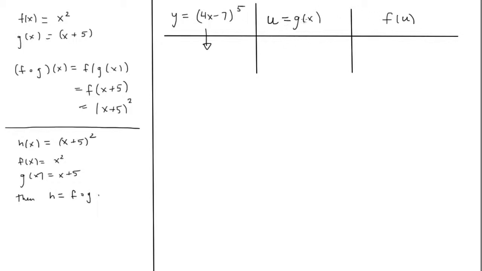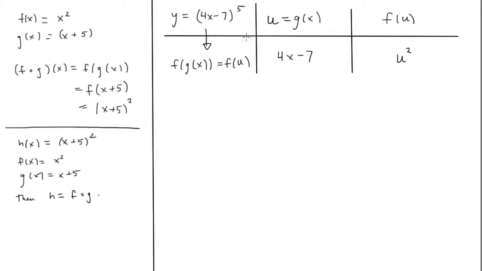So what is f of u here? It is u squared. And what's g of x, which will be u? It'll be 4x minus 7. Now, how do I know that? I want this thing here to be f of g of x, and that's the same thing as f of u, because u is g of x.